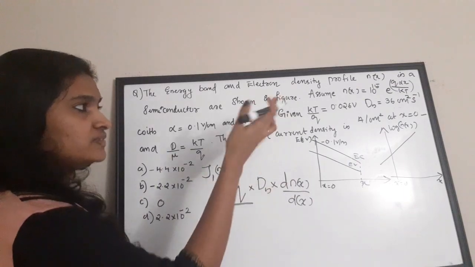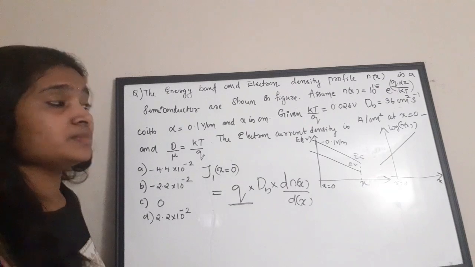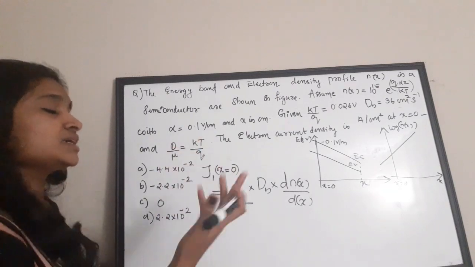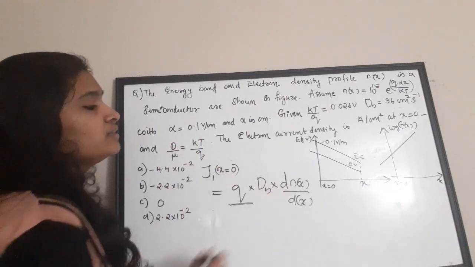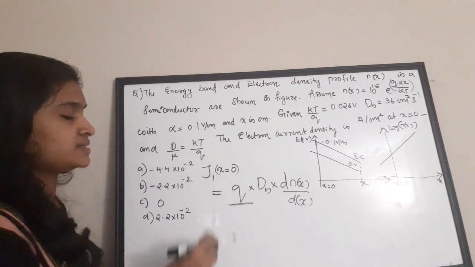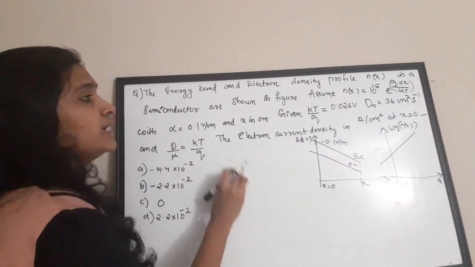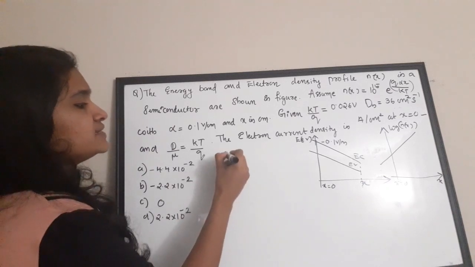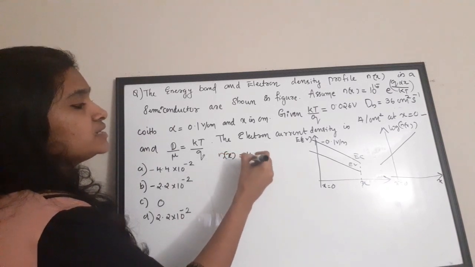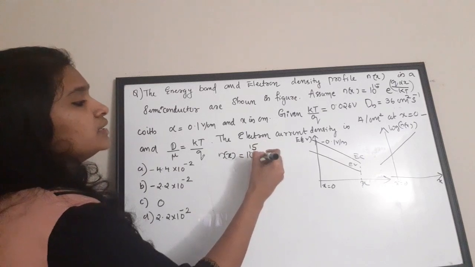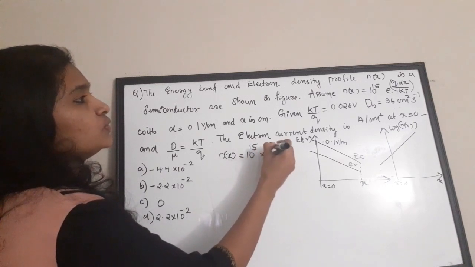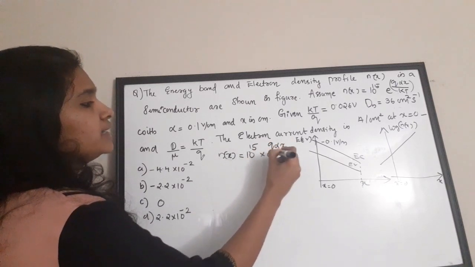Then Dn is also given in the question, so it is 36 centimeter square second raised to minus 1. And we need to find the value of dn(x) by dx. Okay, so here n(x) is given. n(x) is equal to, I'll write it again, 10 raised to 15 into e raised to q alpha x by kT.